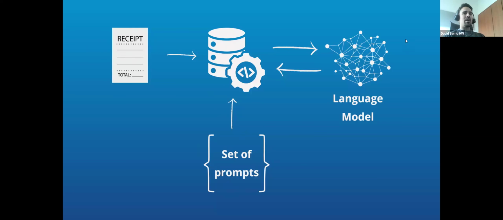Then we send that receipt to a language model along with that set of prompts, and we get an answer for each of those prompts. That's most likely how it's going to work. So the key here is that we are limiting the usage of the language model to a very fixed set of questions or prompts.